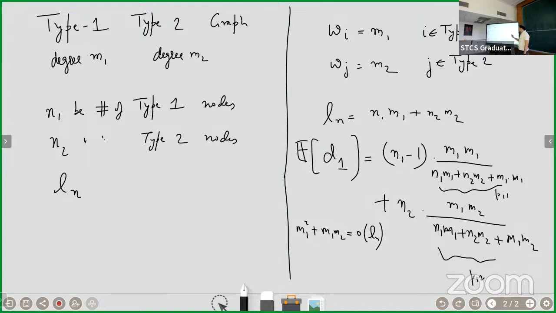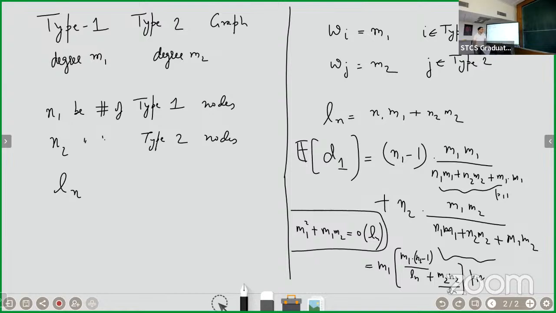N1 minus 1 times M1 plus N2 times M2, divided by Ln itself. How much is this? Under this condition, this is equal to M1 times N1 minus 1 over Ln plus M2 times N2 over Ln.